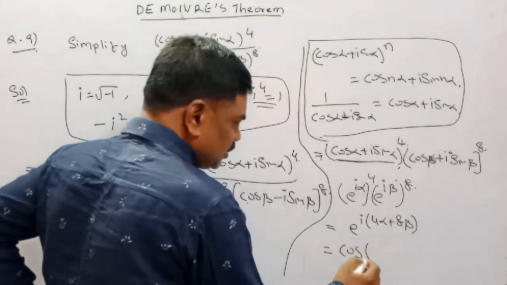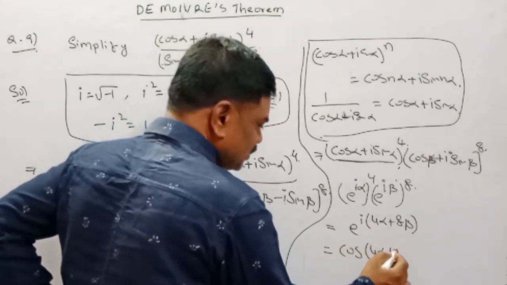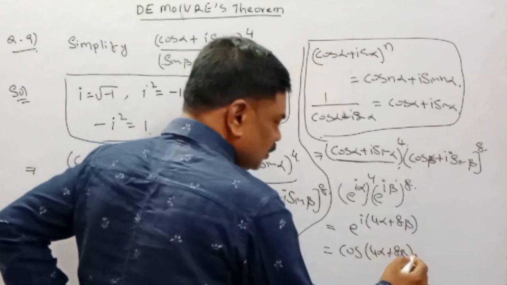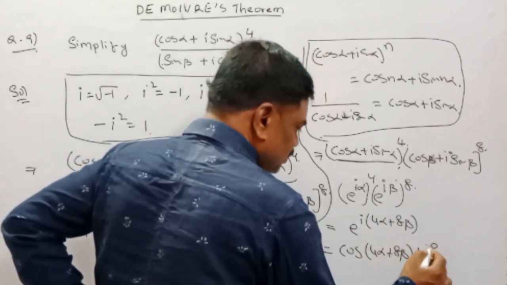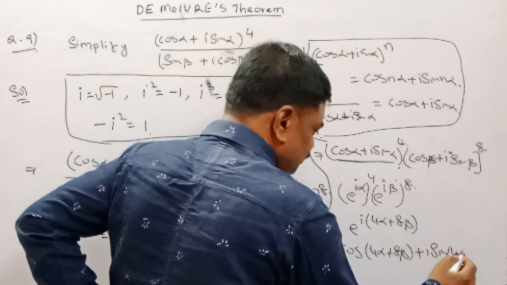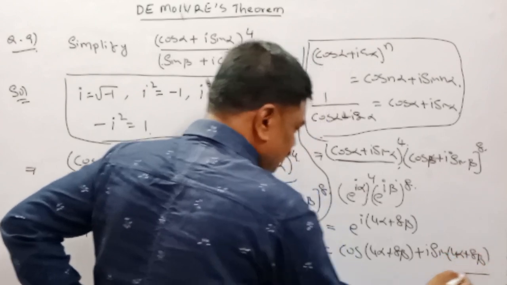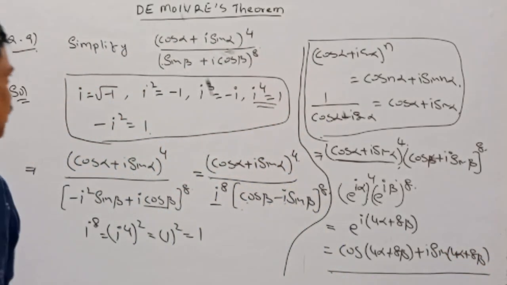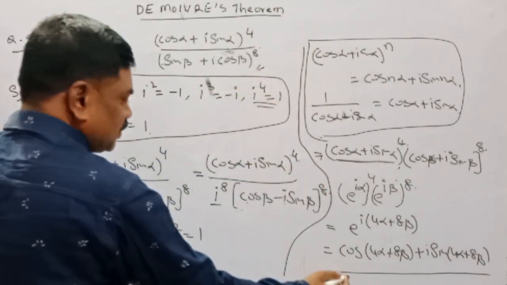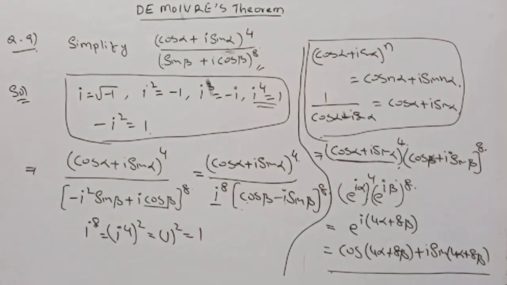So cos (4 alpha plus 8 beta) plus i into sin (4 alpha plus 8 beta). So this is the simplification of this one. Okay, all of you, that's all.